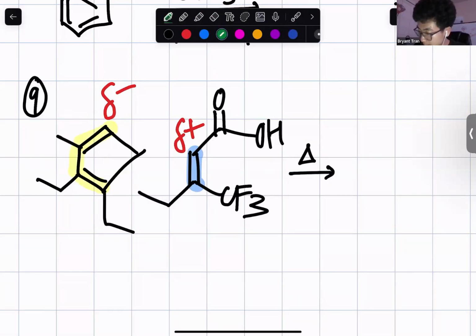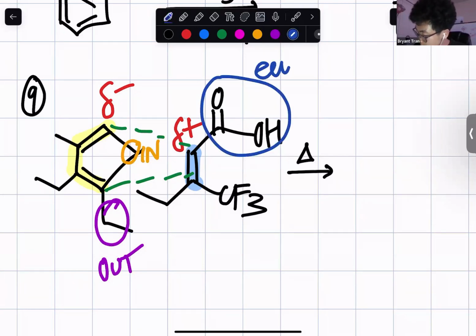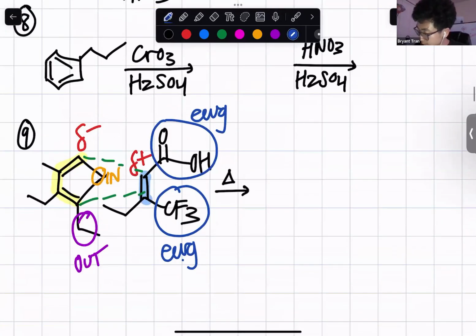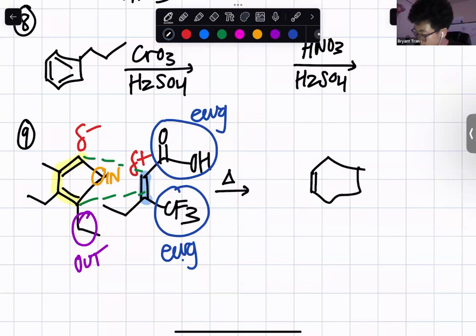So when I draw the pocket between the diene and dienophile to determine my out and in groups, this is my out group. This is my in group. These are my EWGs. And that's going to give me this cyclohexane product, where the carbons in the middle here stay flat and planar because they're sp2 hybridized.